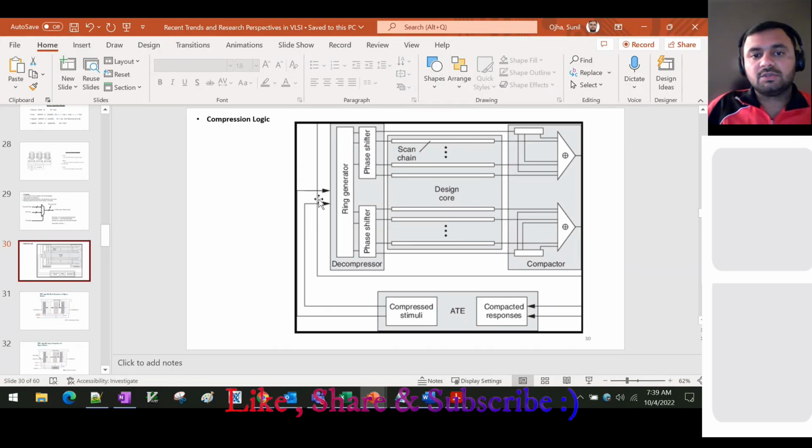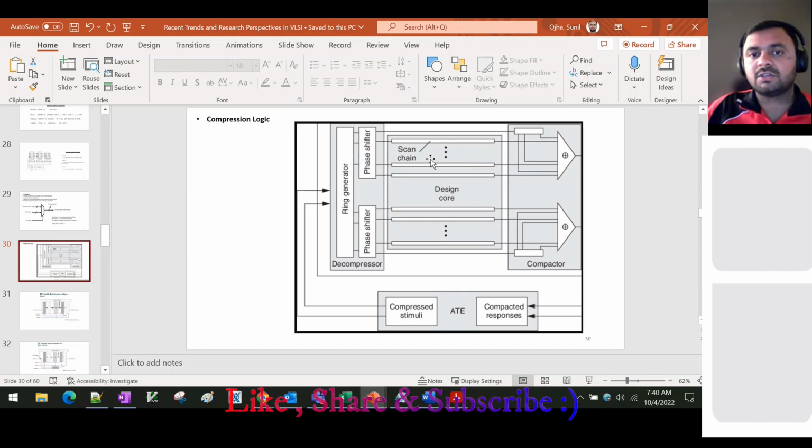So you see you reduce the number of channels or pins required from the top. With only 2 channels or 2 pins, you take control of these 20 different chains. And we use the phase shifter: if you XOR all these 20, you can generate many more.